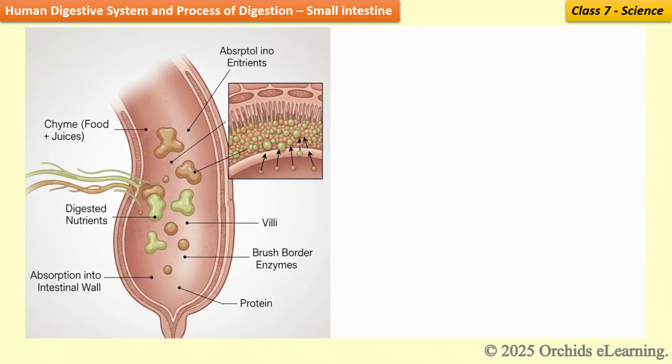Digestion of food is carried out with the help of these juices, along with the enzymes secreted by the wall of the small intestine. Bile is secreted by the liver, however stored in the gallbladder. The bile plays an important role in the digestion of fats.